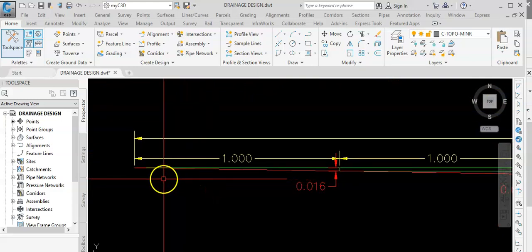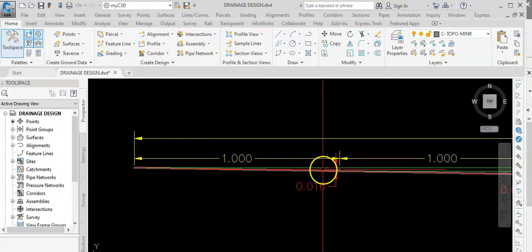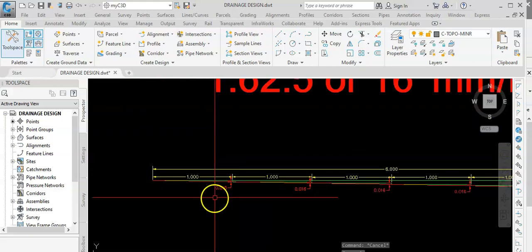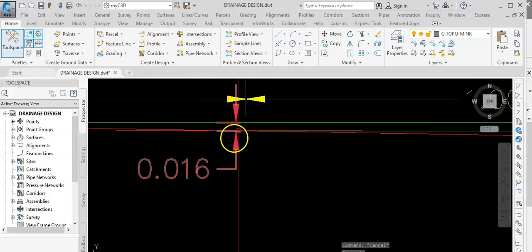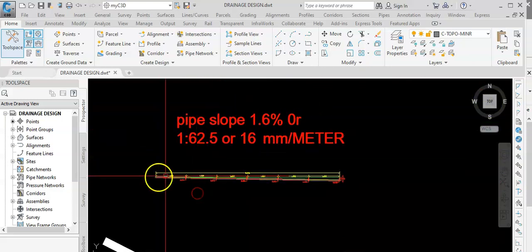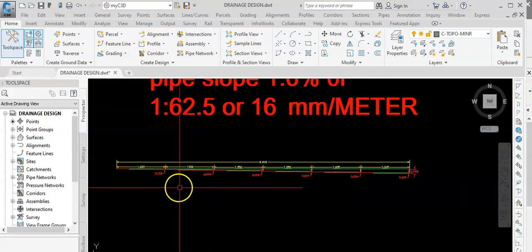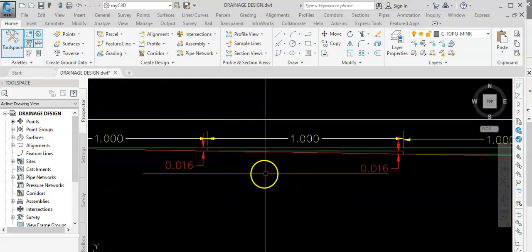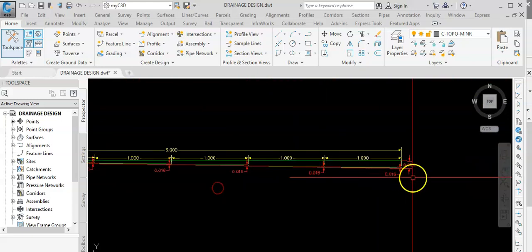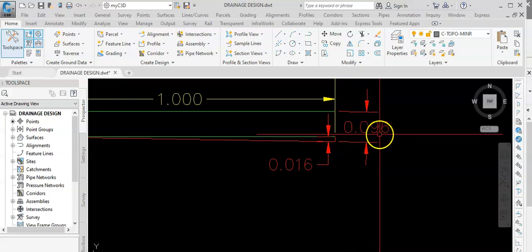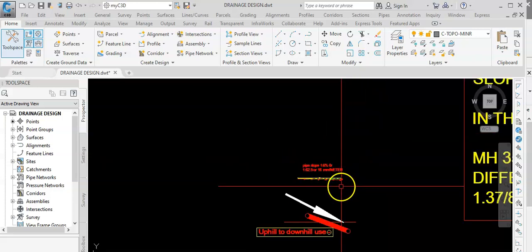It means for every meter you travel, this is 1 meter, it is 16 mil fall here. So we have a pipe 6 meters long. Every meter you travel, you go down 16 mil. But by the end of the pipe, the fall, the difference in level, is 96 mil.